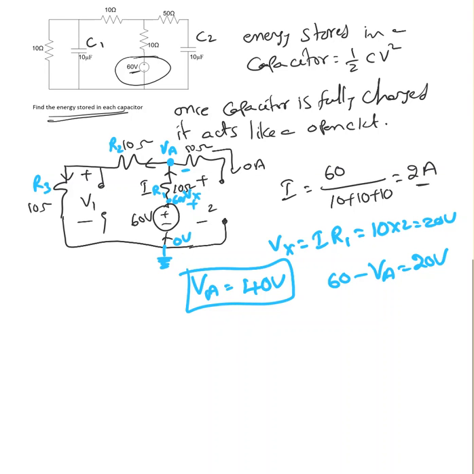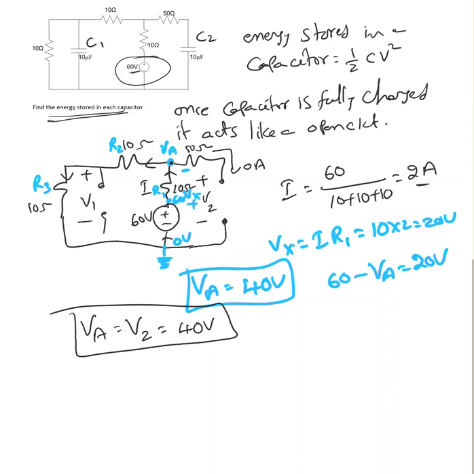Now can I say my VA and V2 are the same? VA is right there between these two terminals, and V2 is also the same because there is no voltage drop across this 50 ohms. So I can say VA is the same as V2, which is equal to 40 volt.